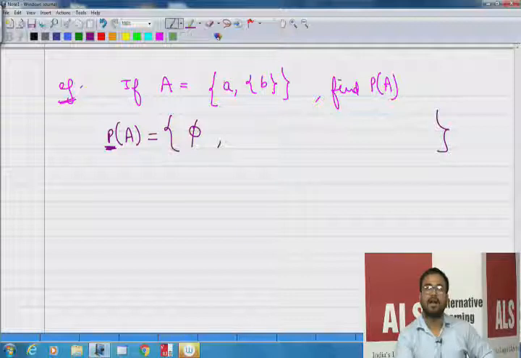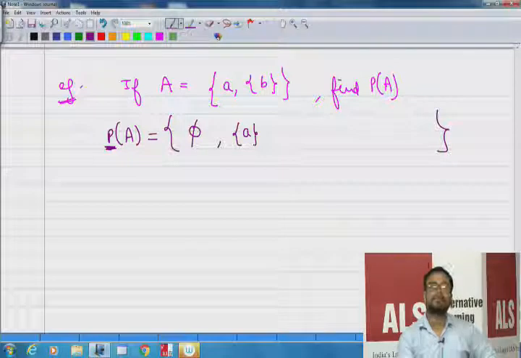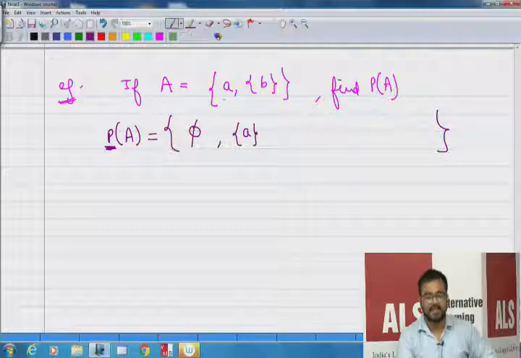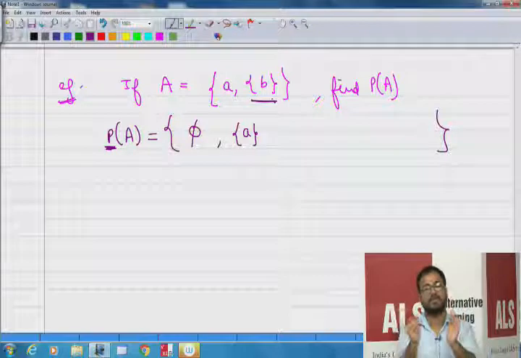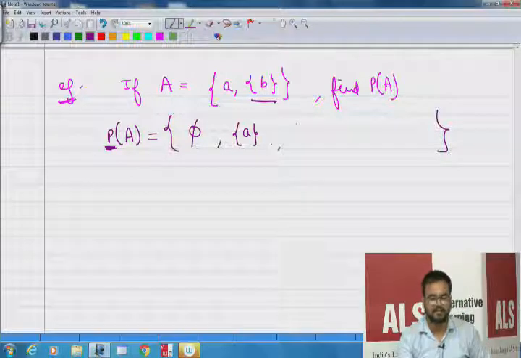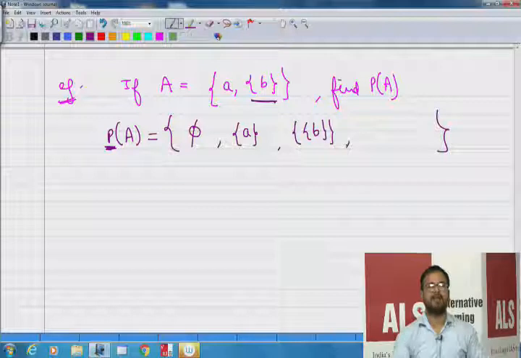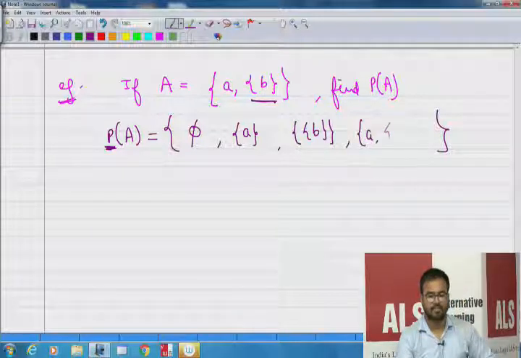A. And how can we write A in the form of a subset? With the parentheses. The second element is B, which we will write again as a subset with the parentheses, like this. And in the last, we will write the complete thing. This is the power set of A.